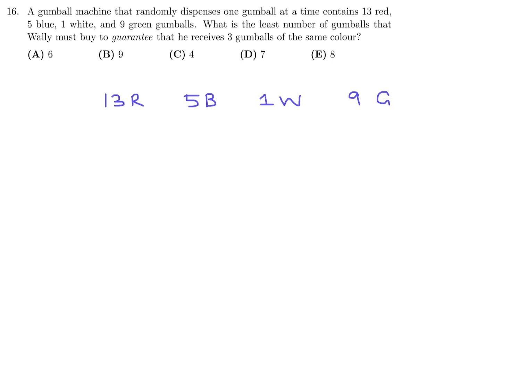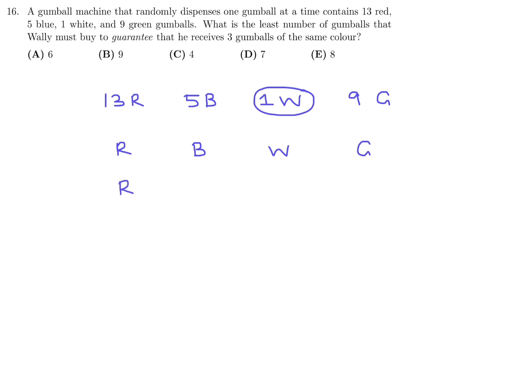Guaranteed. So let's say when he first chooses his first 4, it ends up being each color. So 1 red, 1 blue, 1 white, 1 green. So far, obviously, we do not have 3 gumballs of the same color. But we have exhausted the whites. Now we continue in this way.